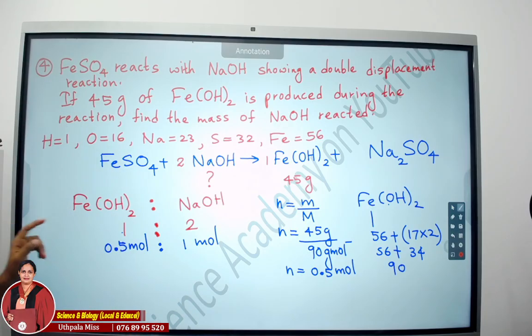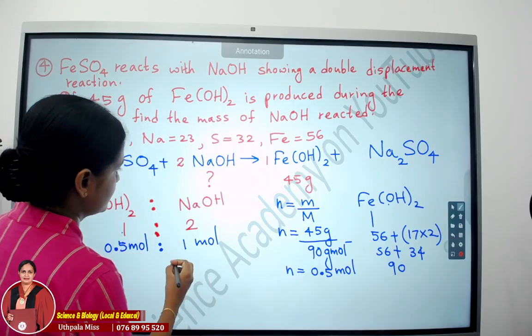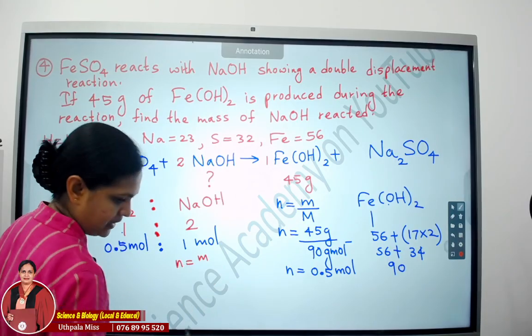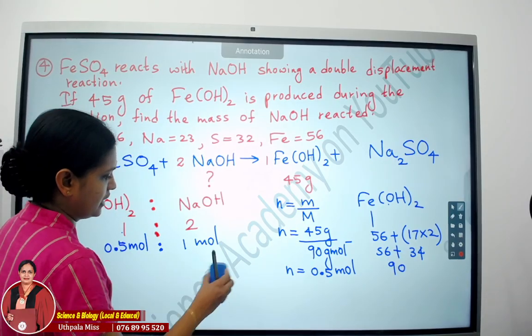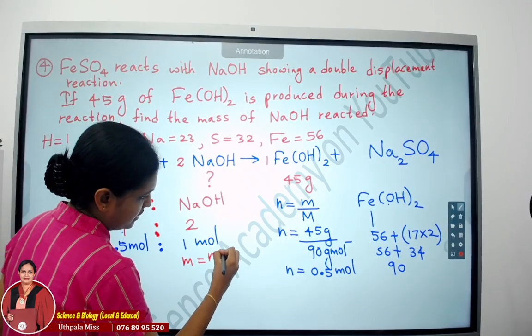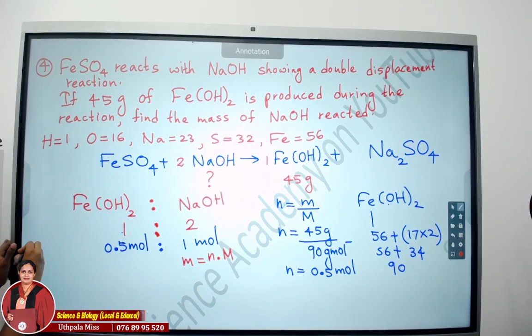එහෙනම් we have to find the mass of sodium hydroxide now. If we know the number of moles for sodium hydroxide, now I can substitute for the equation. Mass equals number of moles multiplied by the molar mass. So the sodium hydroxide molar mass: sodium is 23, oxygen is 16, hydrogen is 1.